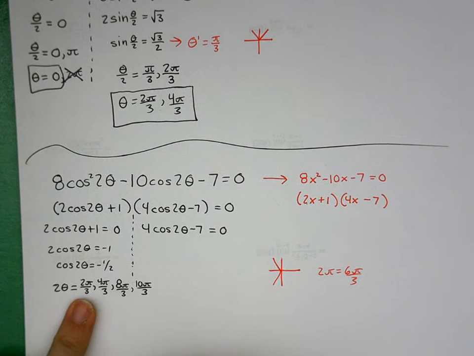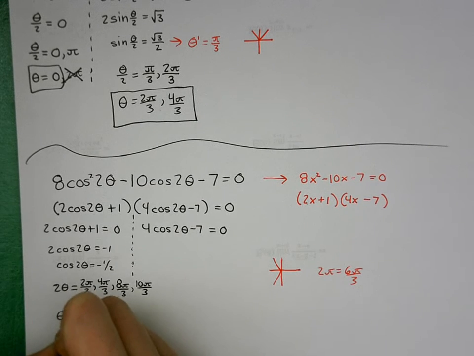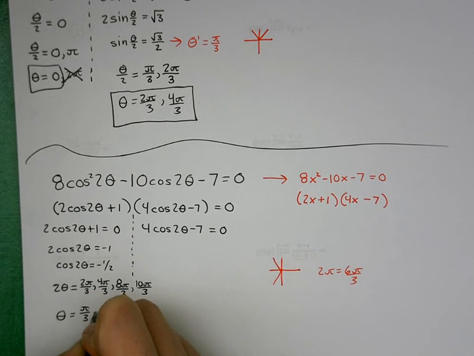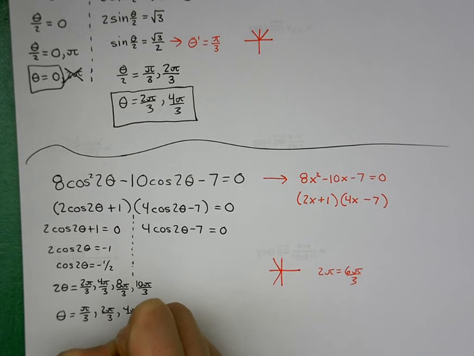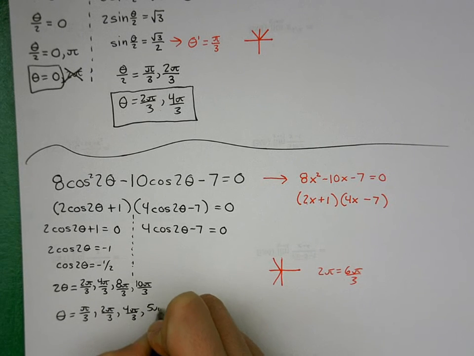Okay, so there's my 2 rotations. Dividing by 2 through, we get pi over 3, 2 pi over 3, 4 pi over 3, and 5 pi over 3.